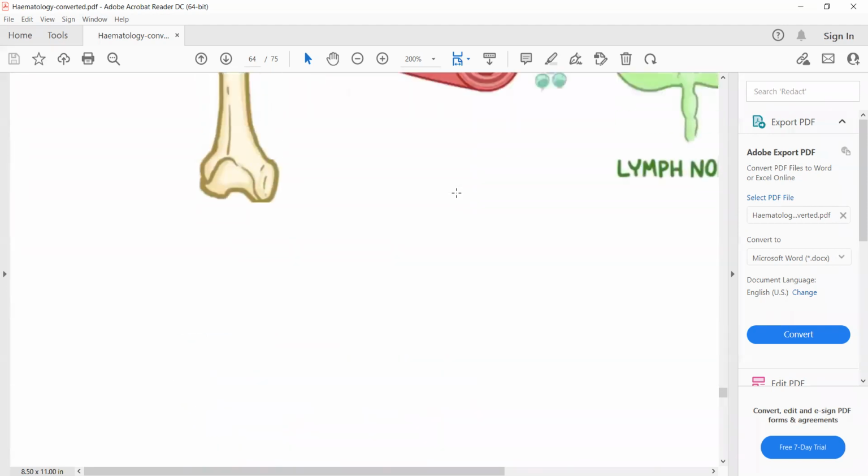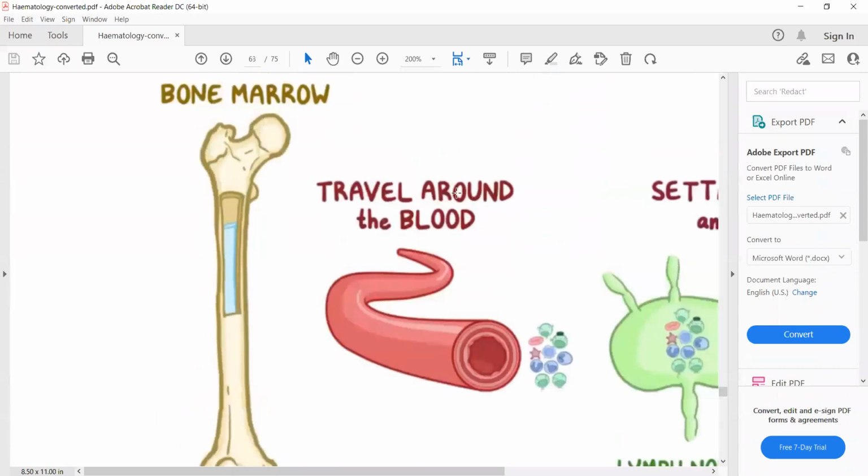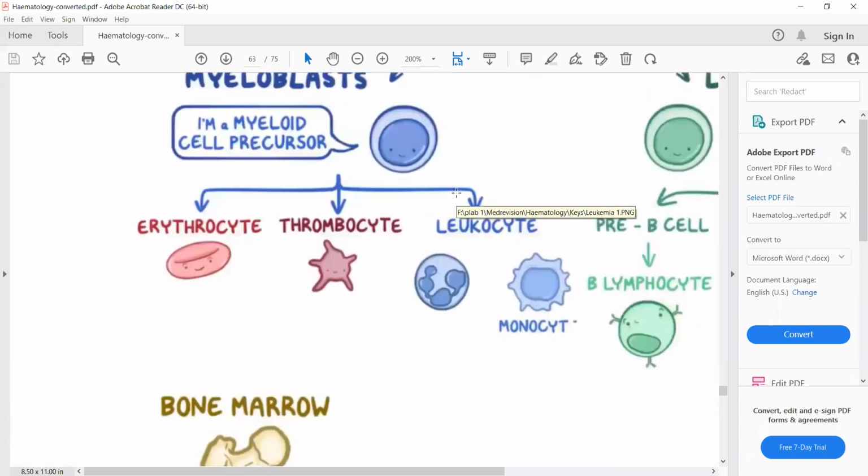So remember that we discussed that myeloid leukemia will contain either leukocytes such as neutrophils, eosinophils, and basophils, or platelets or erythrocytes, with increased proliferation of all these cells in myeloid leukemias.